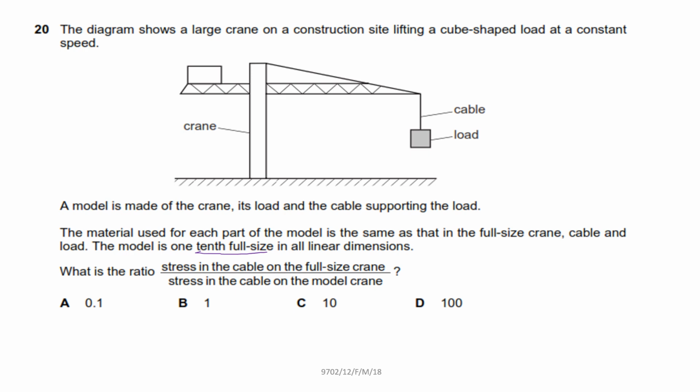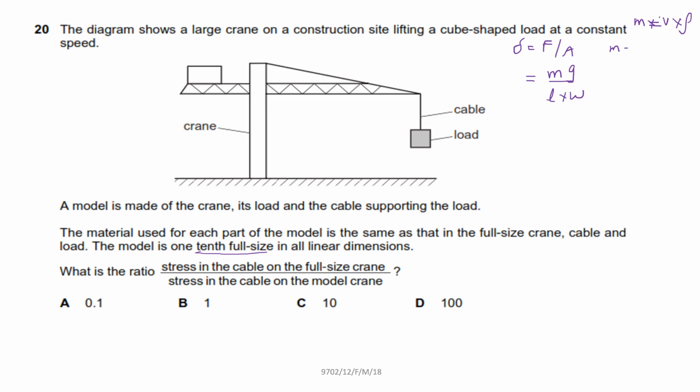While solving this, you may write sigma is equal to F over A, means stress is equal to F over A. The force is mg, and the area is length into width, and you know that mass is equal to volume into density.